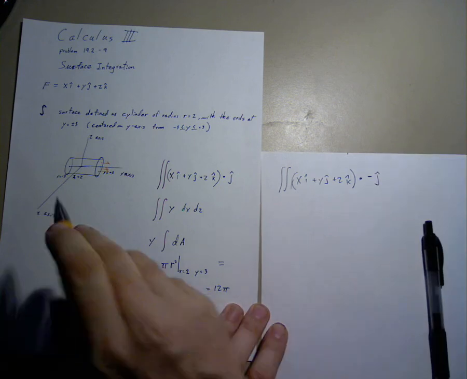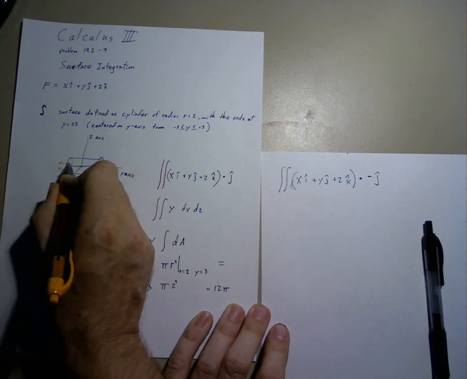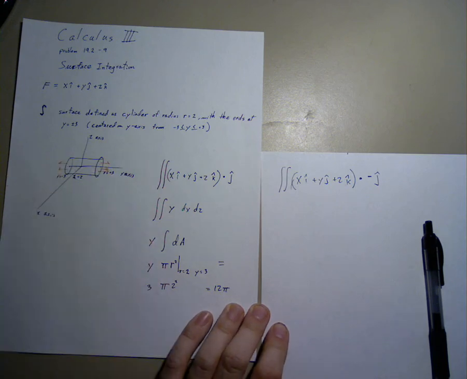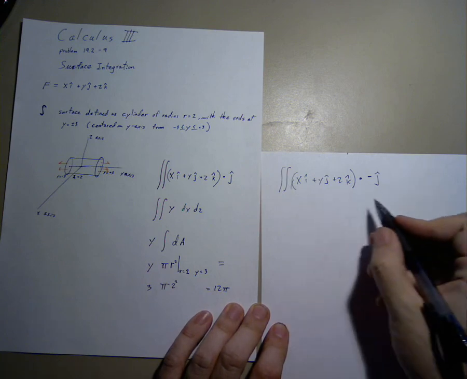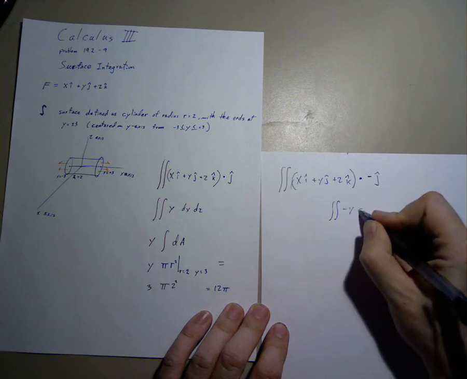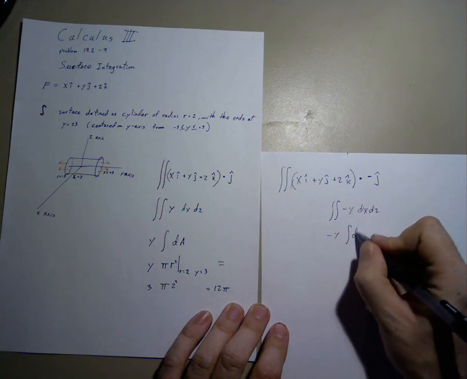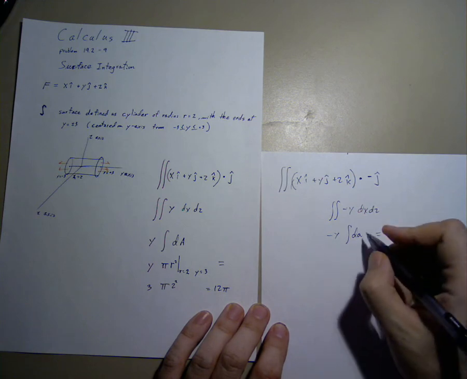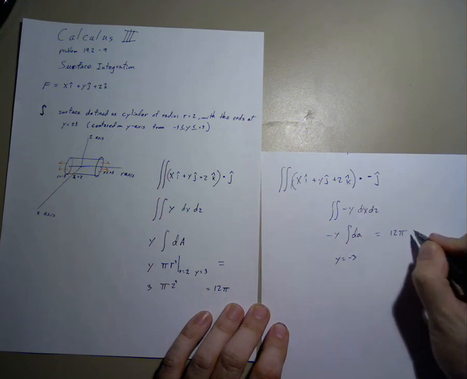Notice, because we are going out the other side, these arrows are perpendicular or normal to this end. So when we integrate this, we get negative y dx dz, or simply minus y over an area at this point. But since y equals negative 3, we once again get 12 pi.